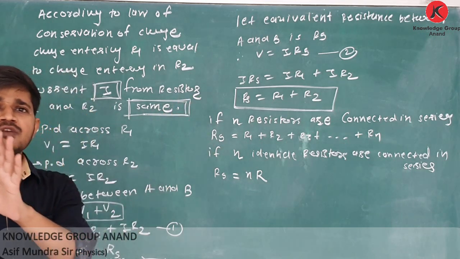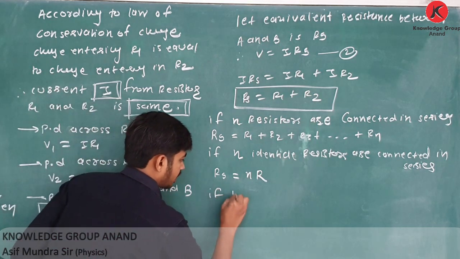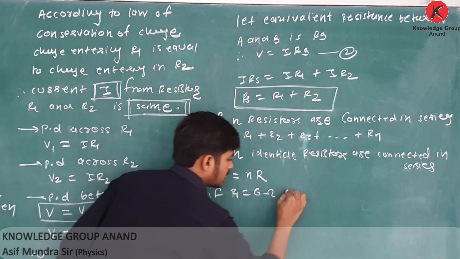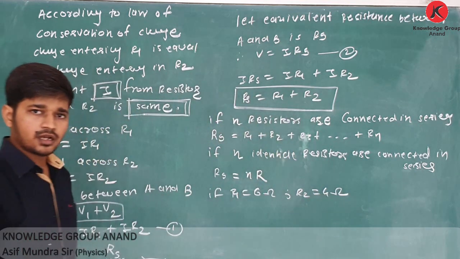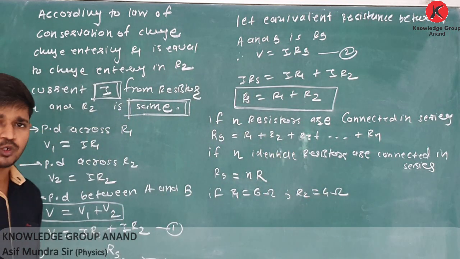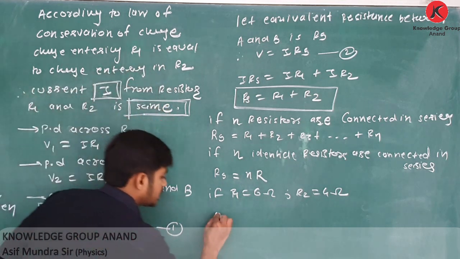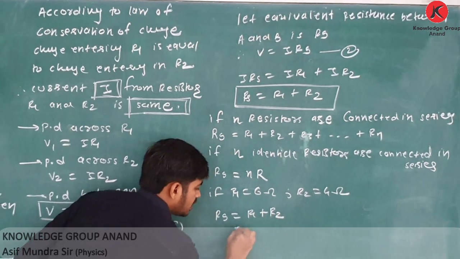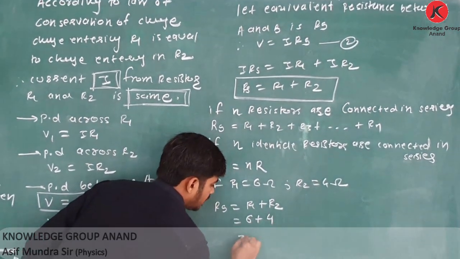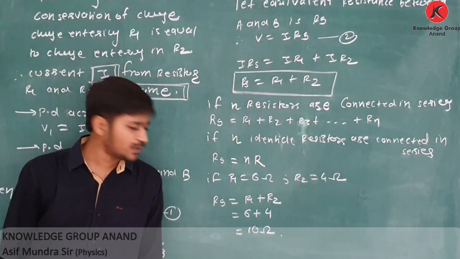If I take one example, R1 is equal to 6 ohm, R2 is equal to 4 ohm. Then what is the equivalent resistance for series connection? RS is equal to R1 plus R2, which is 6 plus 4, equal to 10. Then see how to write the result.